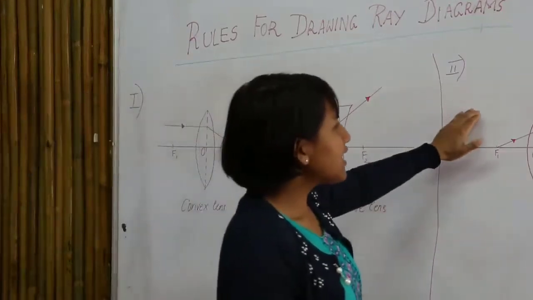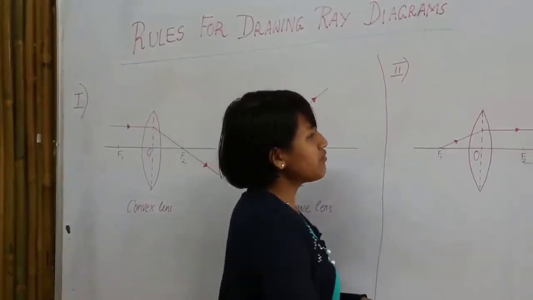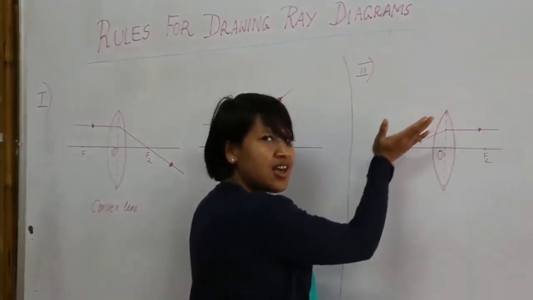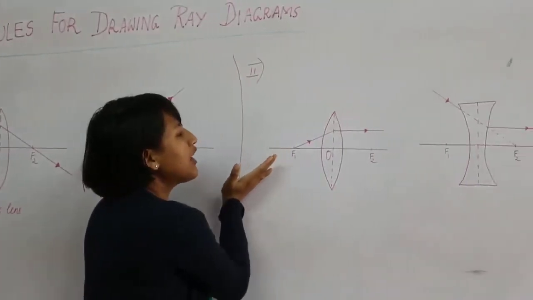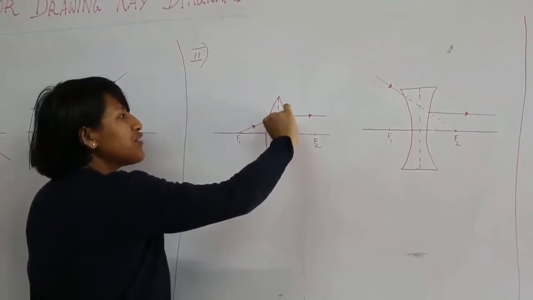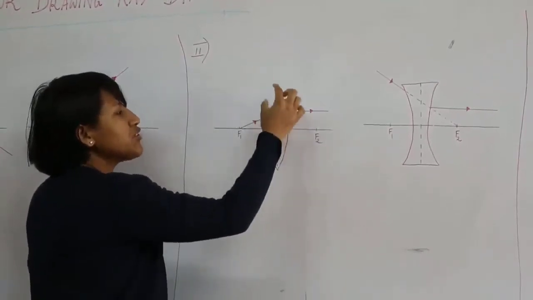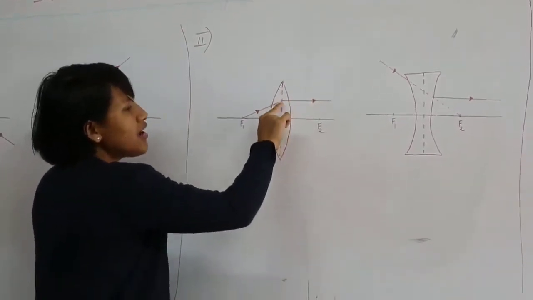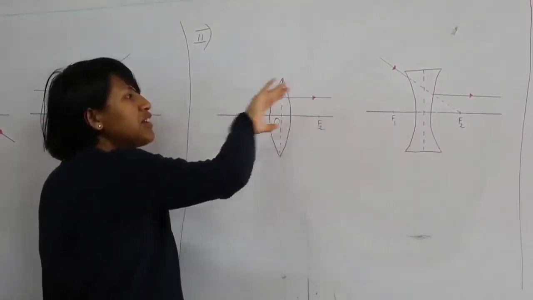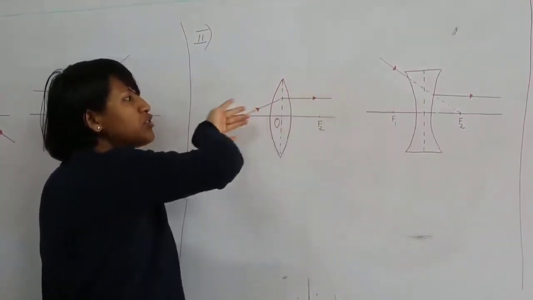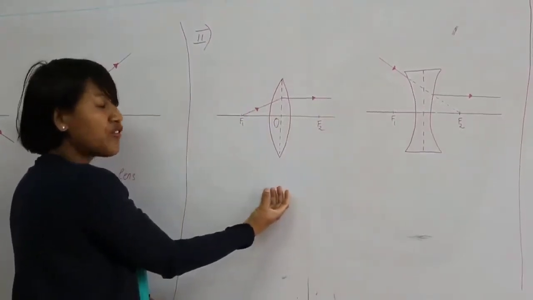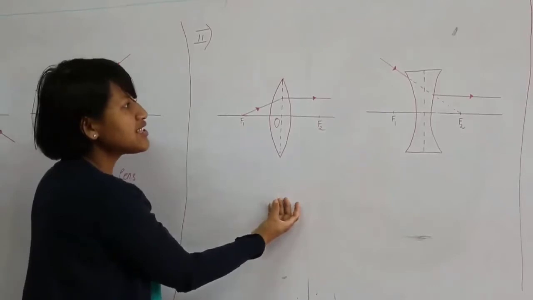The second case is when light rays pass through the focus. When light rays pass through the focus, after refraction, after passing through the lens, the ray of light will come out parallel to the principal axis for a convex lens.